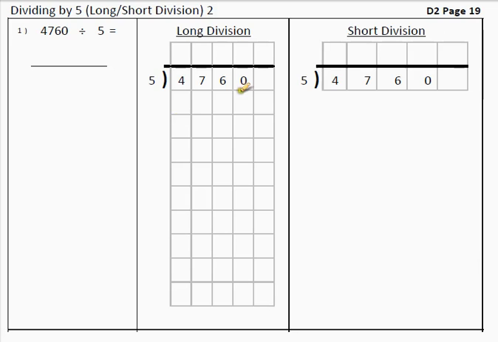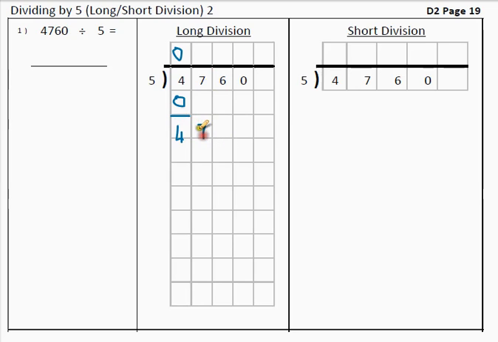Okay, there is a 4-digit number we have to divide by 5. I'm pretty sure by now you can do the short division on your own. You can try the long division now by pausing the video, and then I will work with you through this. 5 goes in 4 how many times? That is 0. 0 times 5 is 0. 4 take away 0 is 4. So my remainder is 4.